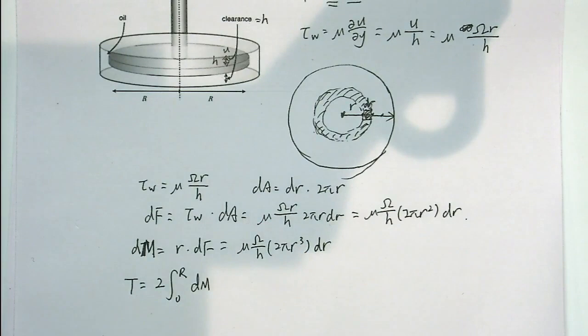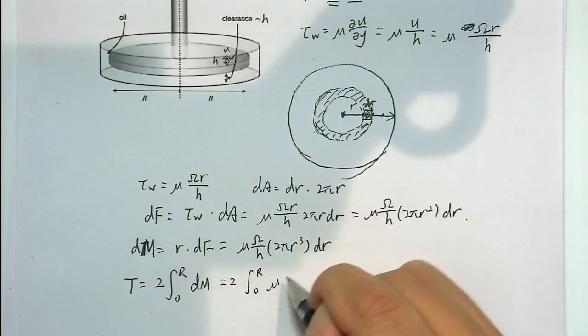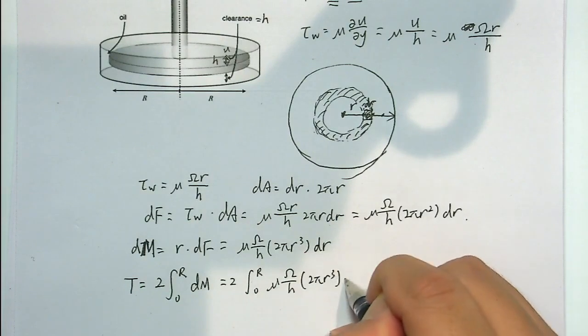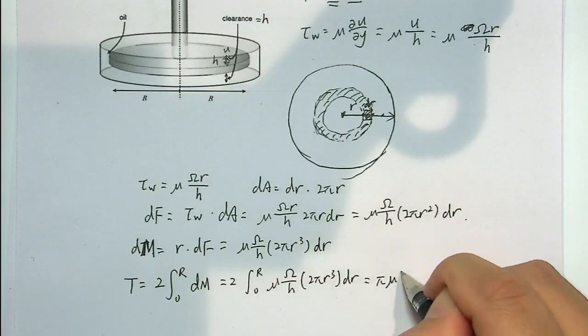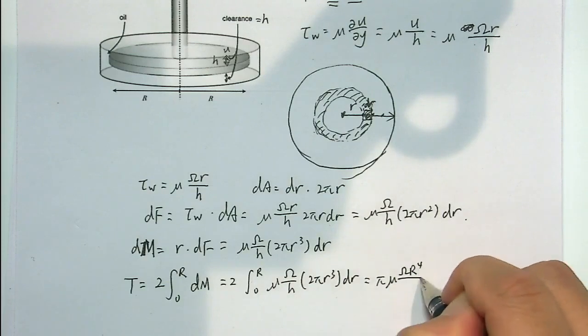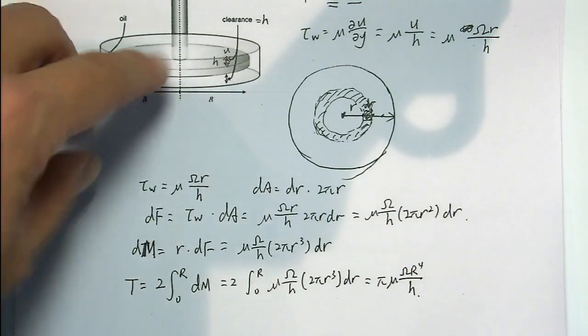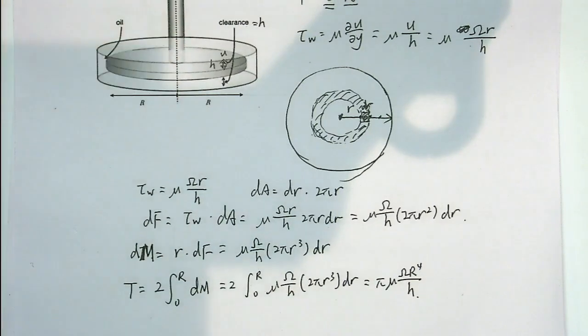So which is twice the integral from 0 to r of mu omega over h times 2 pi r cubed dr. What we got is pi mu omega r to the power 4 over h. We multiply by 2 here because it has two surfaces, so we do the integration twice to calculate the torque, the moment.